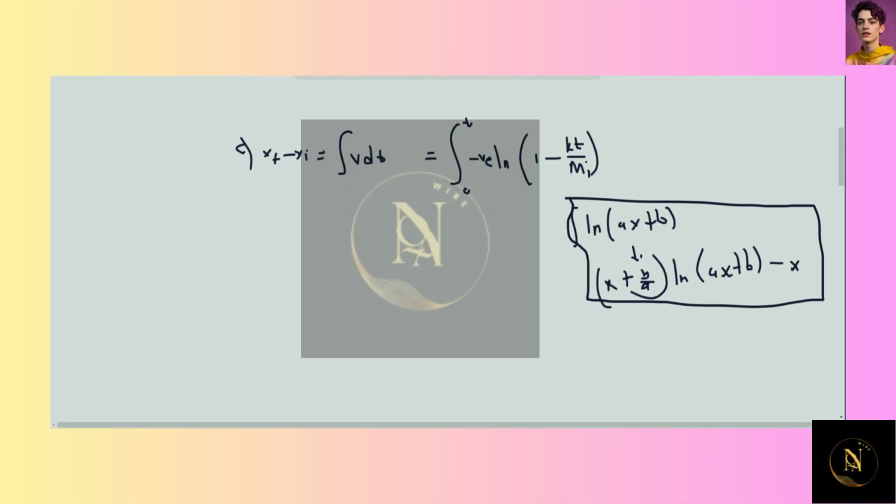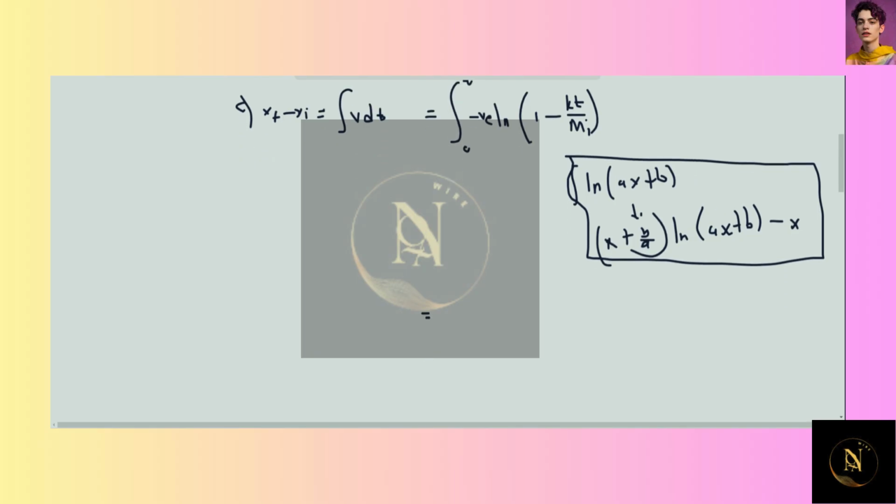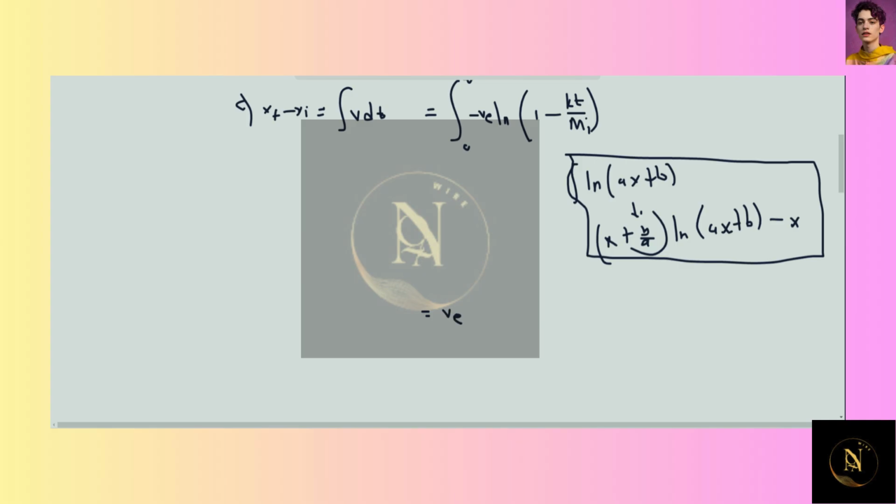You just substitute a with negative k over m and b with 1, and then the final expression that you get will look something like VE multiplying everything inside the bracket, that would be Mi over k minus t, multiplied by the natural log of 1 minus kt over Mi, plus t.